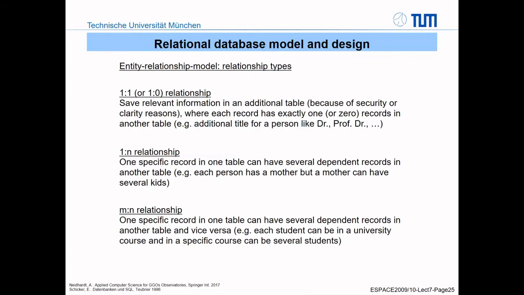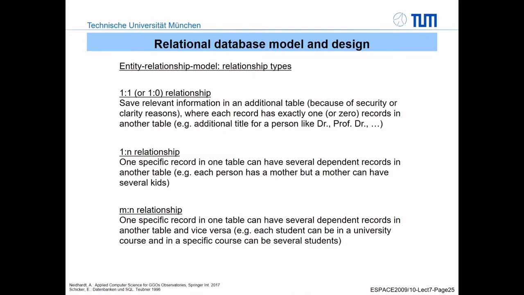So remember what I showed before, the family name of the mother, or things like the birth name of the mother, things like that. So it directly fits to here. So each person has one mother, but the mother can have several kids. So it's a 1-to-n connection.